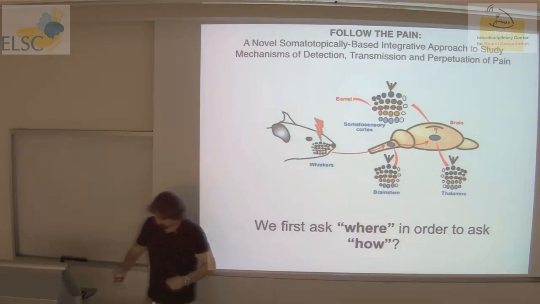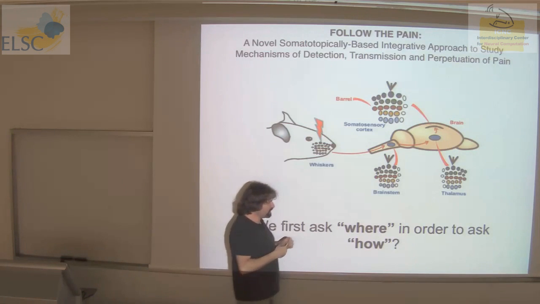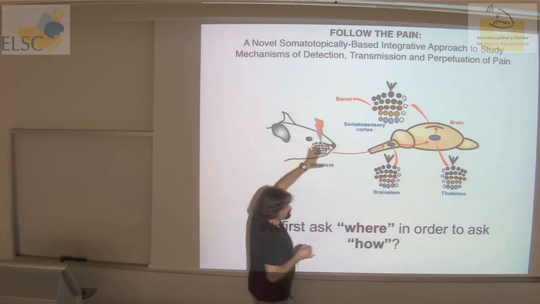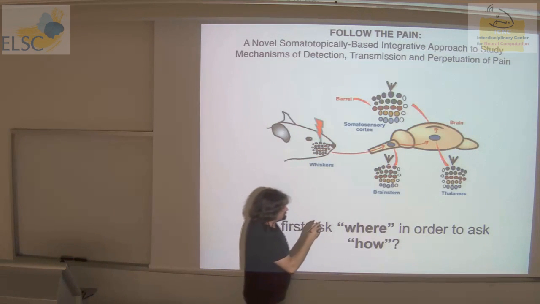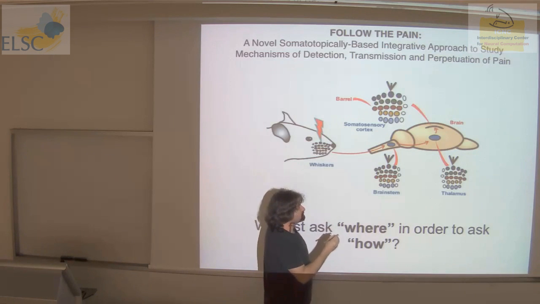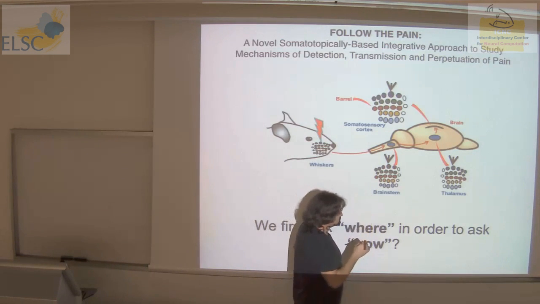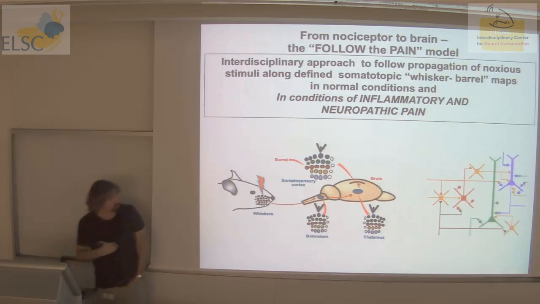So what I'm hoping to do, and now it only depends on the equipment, is to follow the information flow from a single whisker to identify the pain-related network at the level of brainstem, the level of thalamus, and the level of the cortex. Okay?